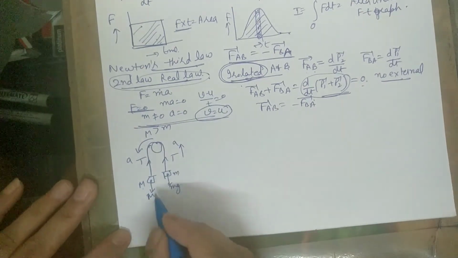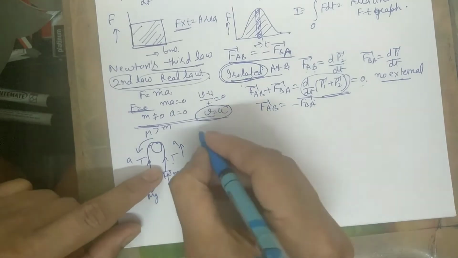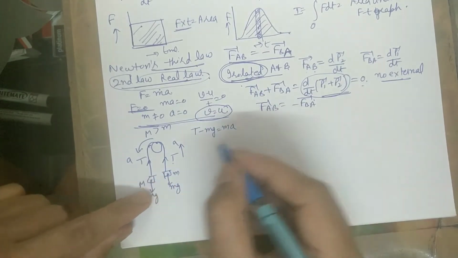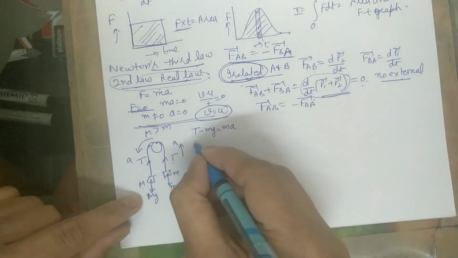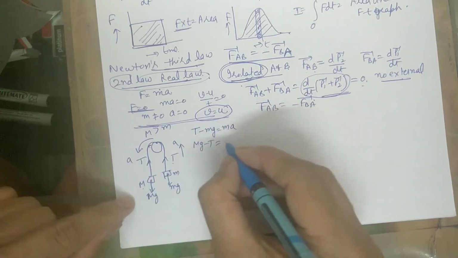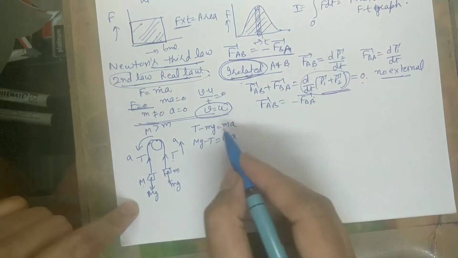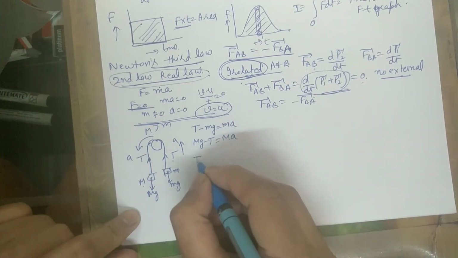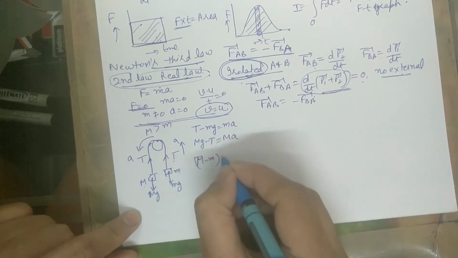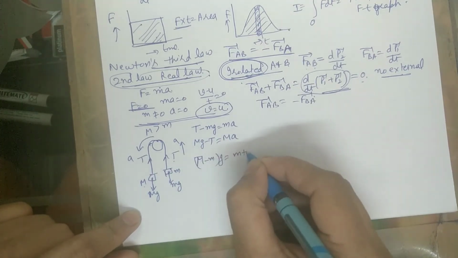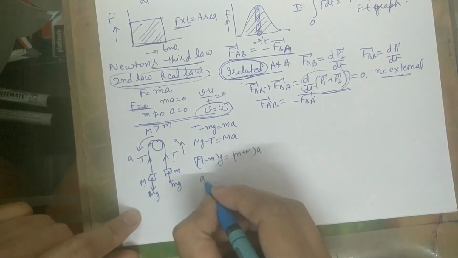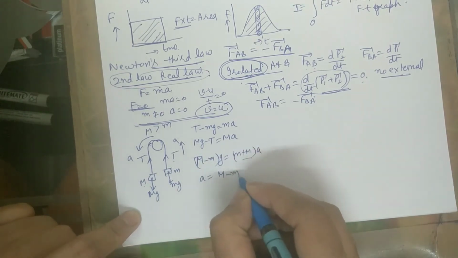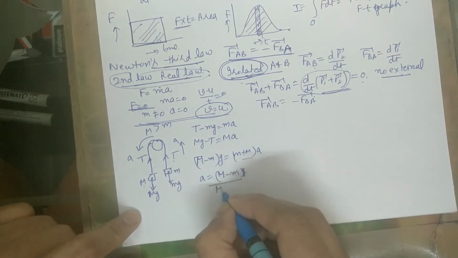When we write these equations, what we use here: tension minus mg is mass into acceleration. For this, the downward force is large because the motion is downward, Ma. When we add these two equations, we get (M minus m)g is (M plus m)a, and by using this we get the acceleration, that is (M minus m)g upon (M plus m).